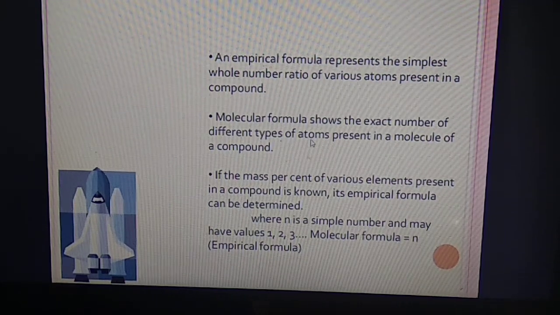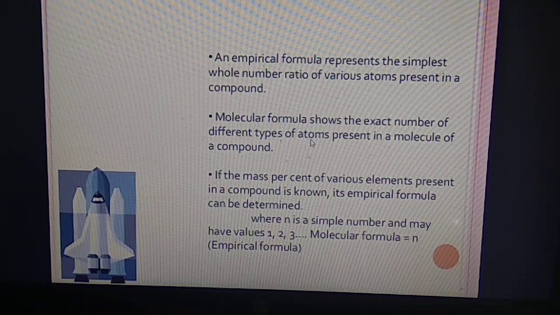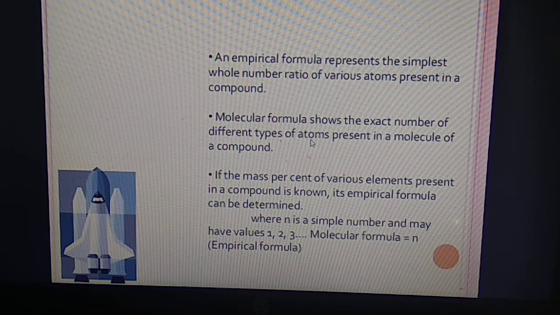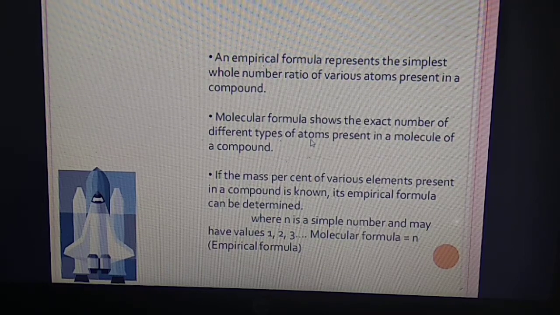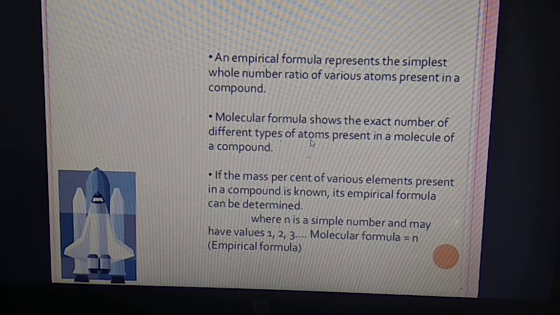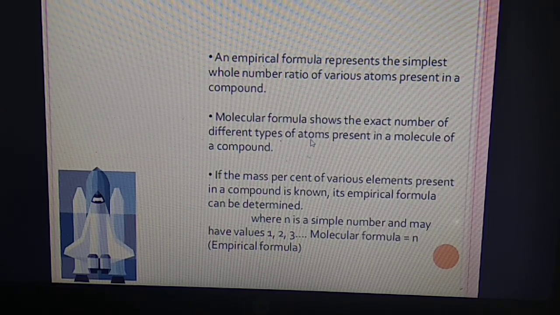HO is the empirical formula of hydrogen peroxide, but H2O2 is the molecular formula of hydrogen peroxide. So empirical formula and molecular formula we have to know, very very important. And molecular formula is equal to n into empirical formula.